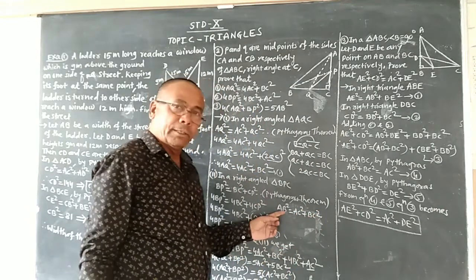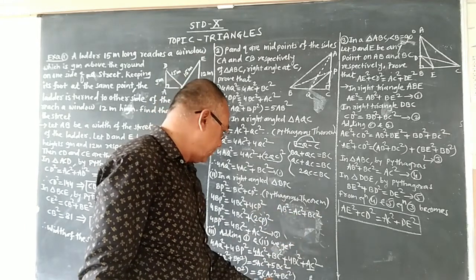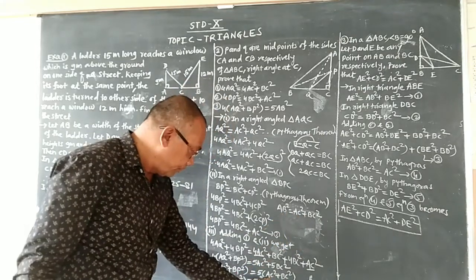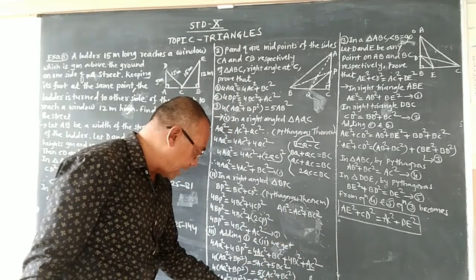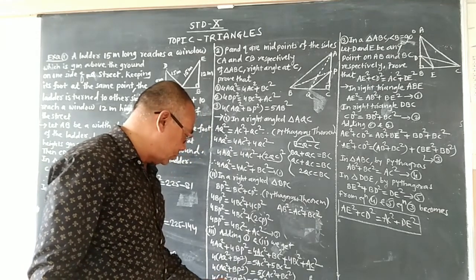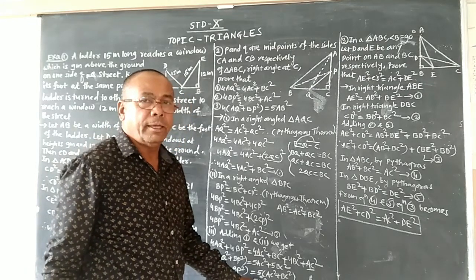Here we have applied Pythagoras theorem, means AB square is equal to AC square plus BC square. Here AC square plus BC square is equal to AB square. Instead of this bracket, we will write here 5AB square. In this way, we have proved here 4AQ square plus BP square is equal to 5AB square.